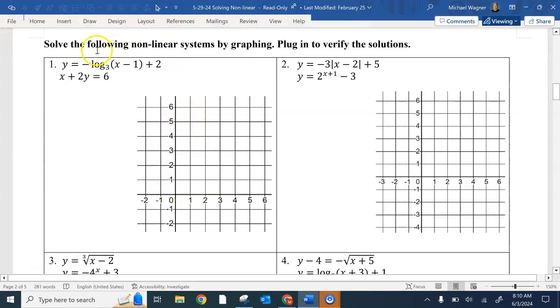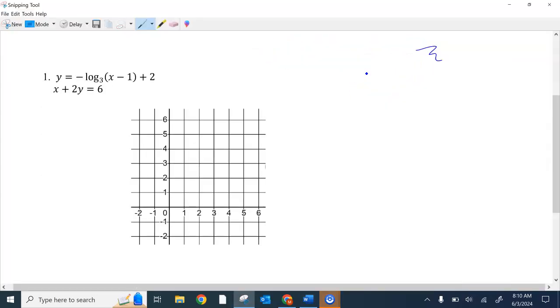Okay, so again, we're going to solve by graphing and then plugging in to verify the solution. If we look at the first one, we have two equations. We have this equation here. We're looking for an x, y value that satisfies both equations, and graphically we can see where the intersection is.